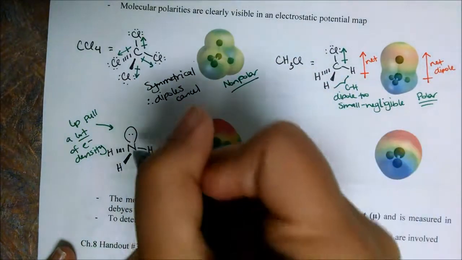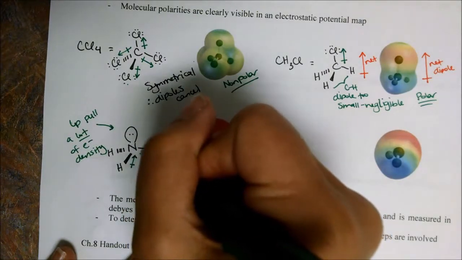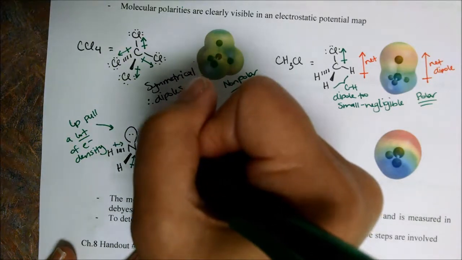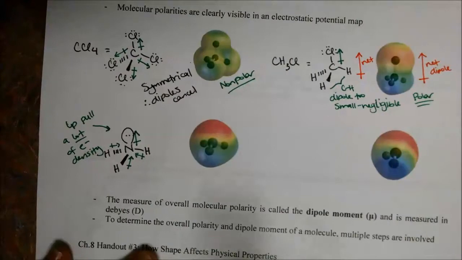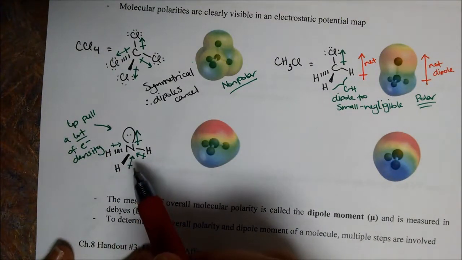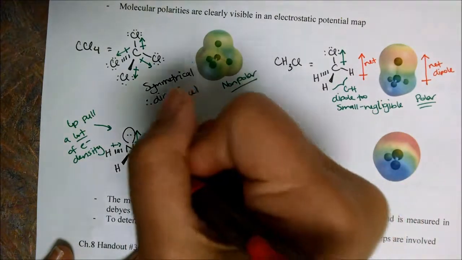Okay, so if we look at the individual bond dipoles, nitrogen is more electronegative than hydrogen, so we have these little dipoles pulling towards nitrogen, and then we have this big one with the lone pair. They pull a lot of electron density because, I mean, after all, they are electrons. So then our net overall dipole, you can see that these guys are kind of reinforcing one another, going towards nitrogen, and then we have this bigger one going towards the lone pair.